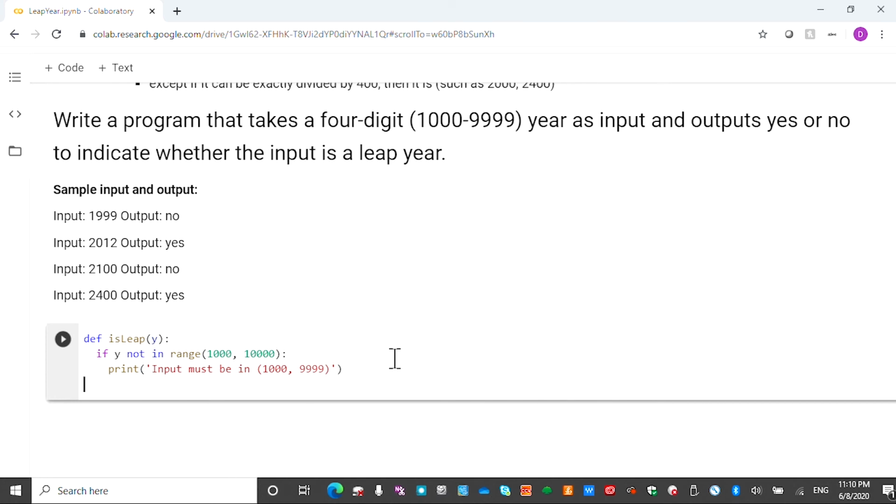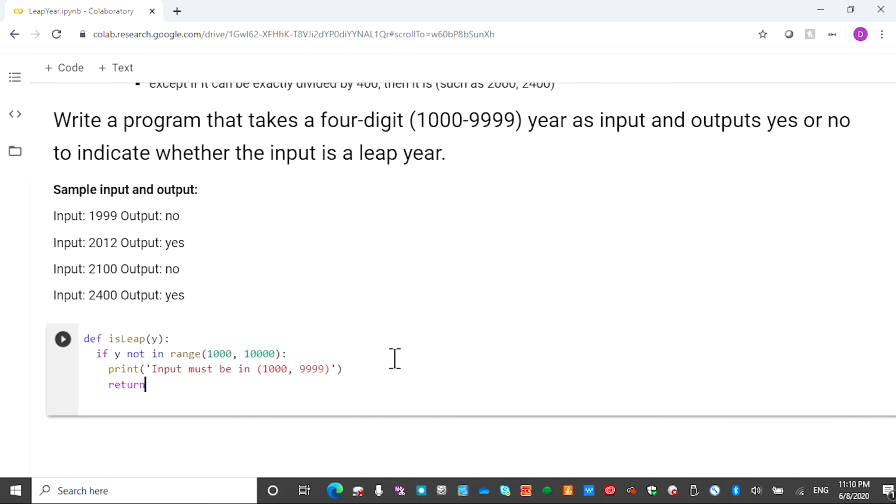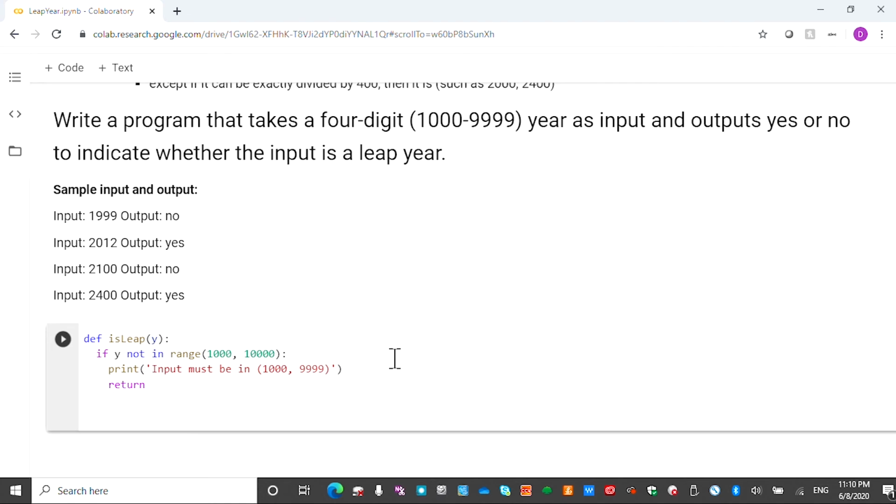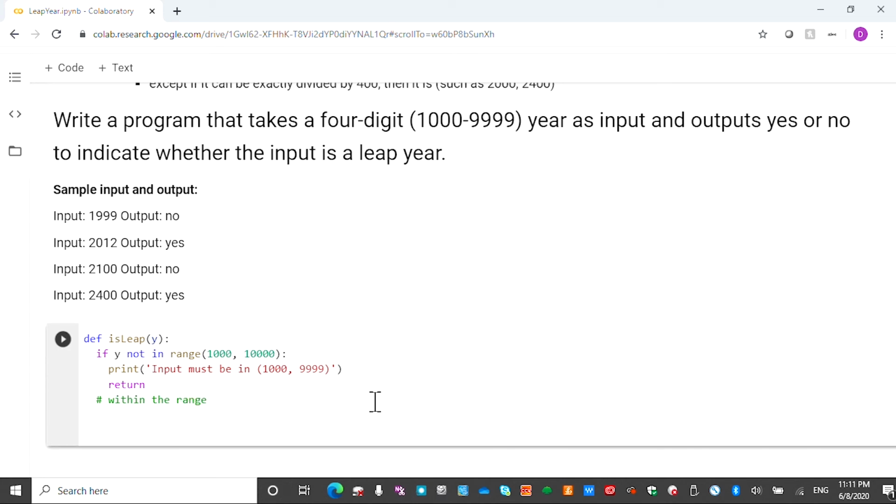Then after that we return, we don't do anything, to return maybe to the coder. So here is within the range. Okay, so it's our check.